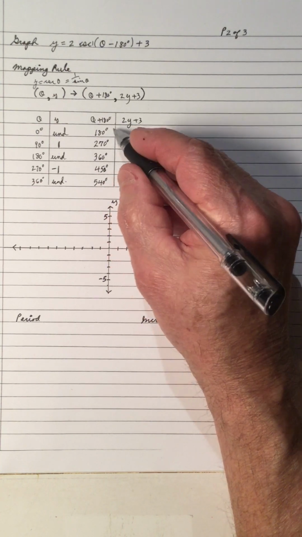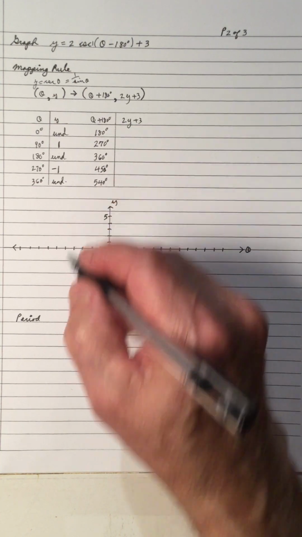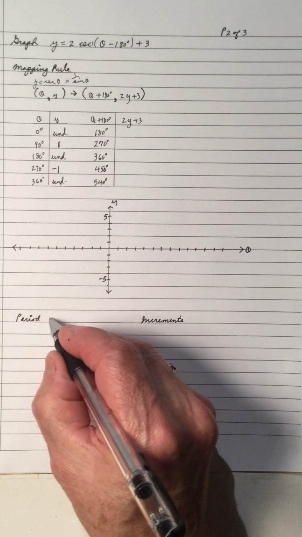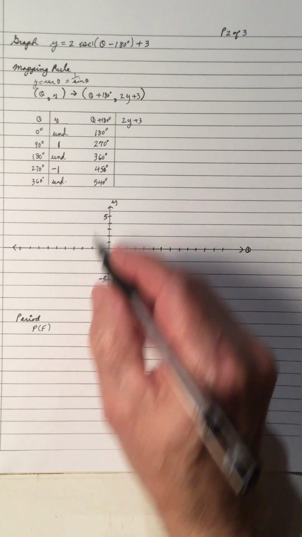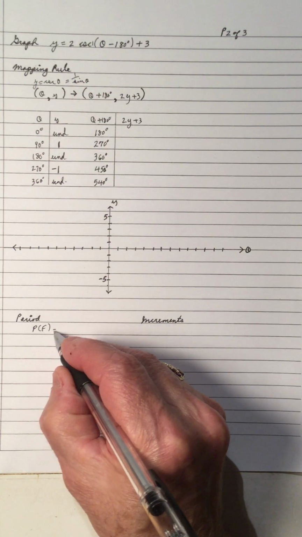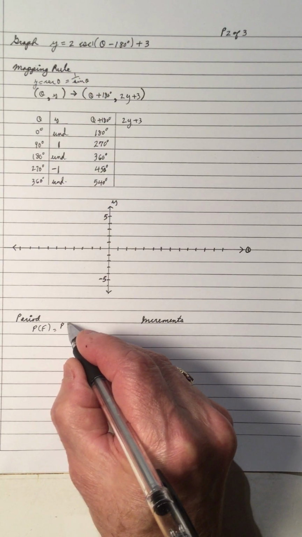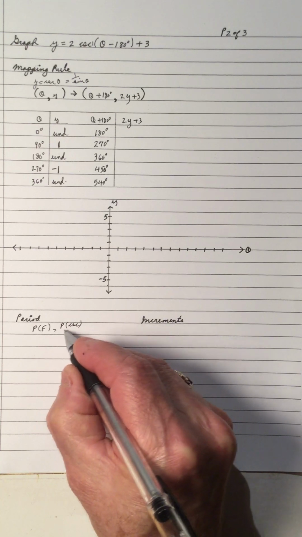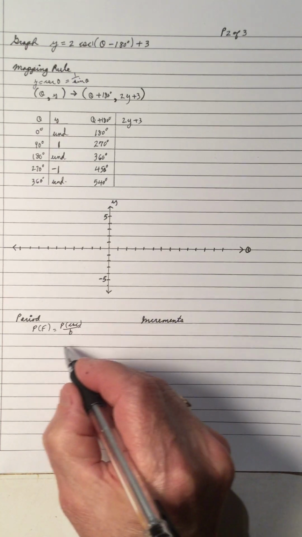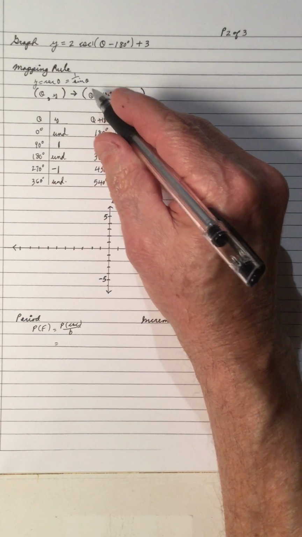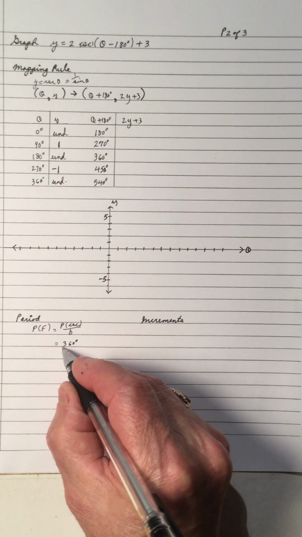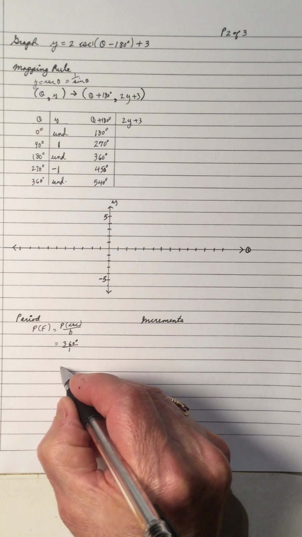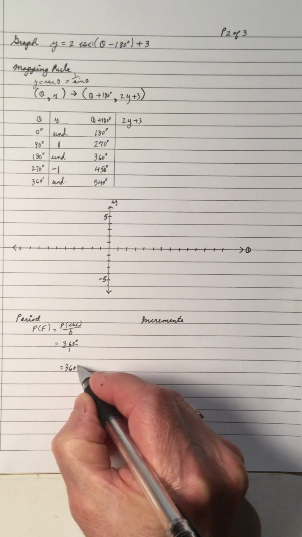Now, just to see if we're right, let's go down here and look at the period of the function. The period of this function is the period of cosecant divided by b. The period of cosecant is 360 degrees, divided by b. B is 1, so the period is 360.